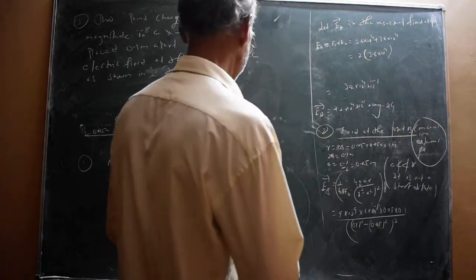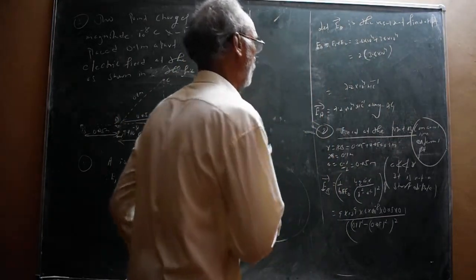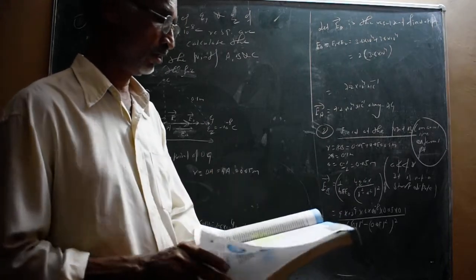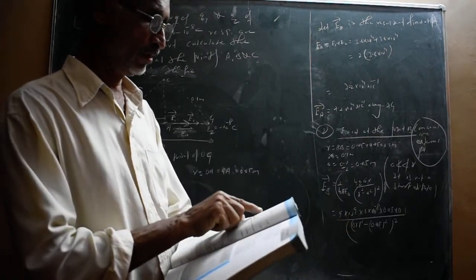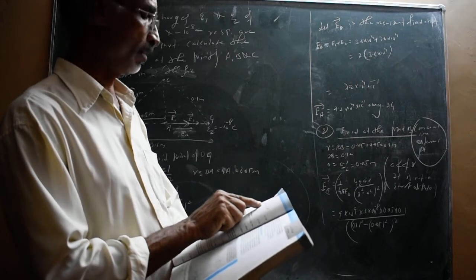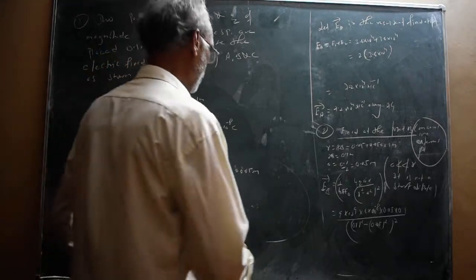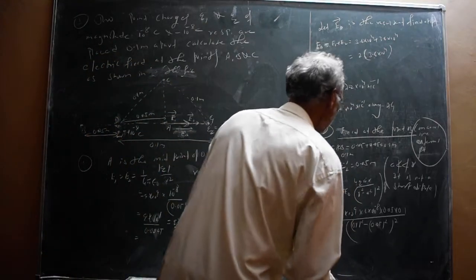R square minus A square the whole square will be taken. Let's check the formula. It is 4AQR upon R square minus A square the whole square. Okay, correct. Let us work out.